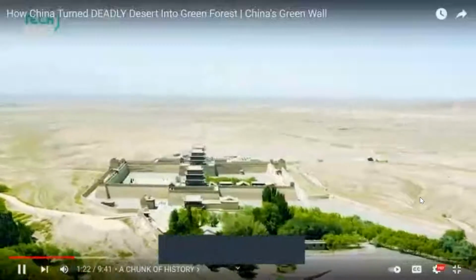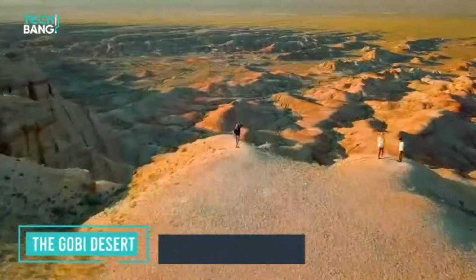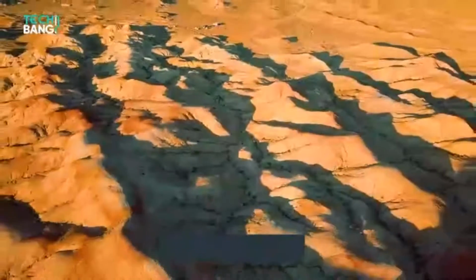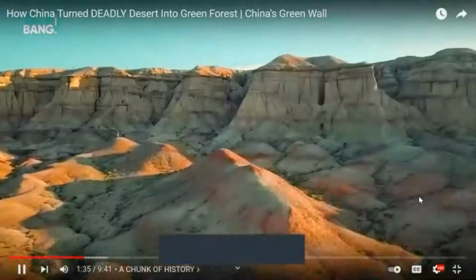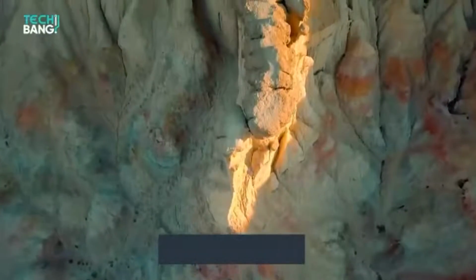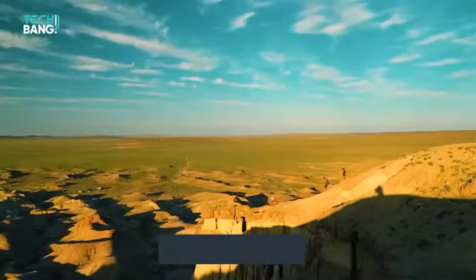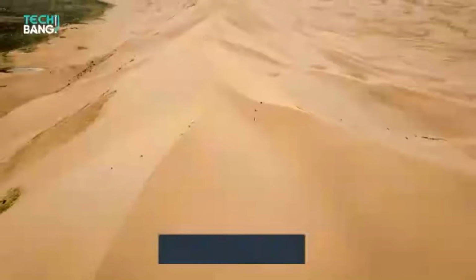But there is one thing that was creating some concern for the China government, and it was the Gobi Desert. The Gobi Desert blankets nearly 500,000 miles of northern China and southern Mongolia in a dry, arid land, cutting between the two countries. While the government no longer fears invaders cutting through the desert and attacking Beijing, the rapid desertification of China's northern region poses quite a risk to the country and its people.